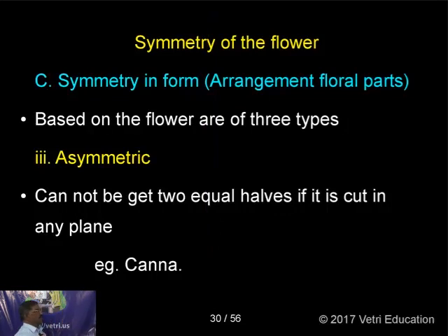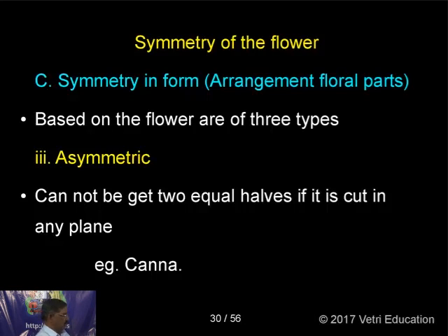The next one is the asymmetric condition. First, actinomorphic, you have seen, can be cut in any direction, and second, zygomorphic, where you can get 2 equal halves if you cut the flower in a particular direction. The third one, the asymmetric condition, you cannot get 2 equal halves if you cut the flower in any direction.